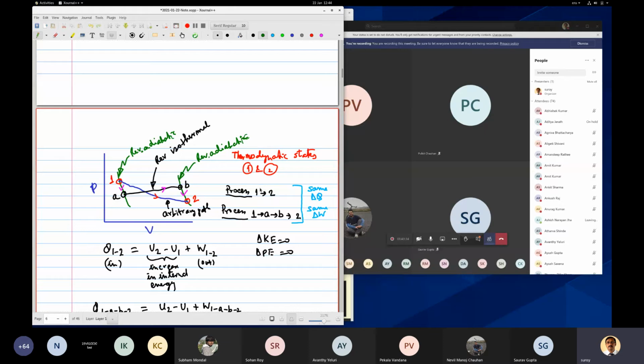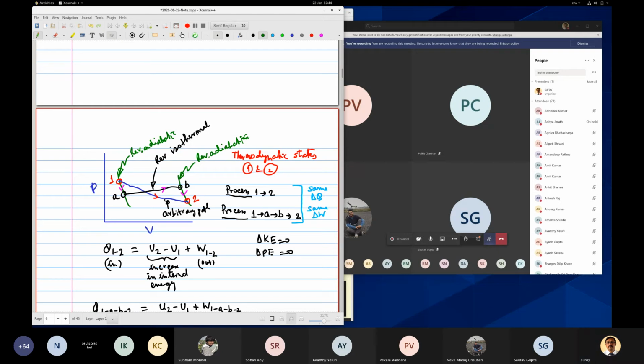So we can go from 1 to 2 along this arbitrary path, or we can go from 1 to 2 by a zigzag path 1A B2, right? So 1A B2.